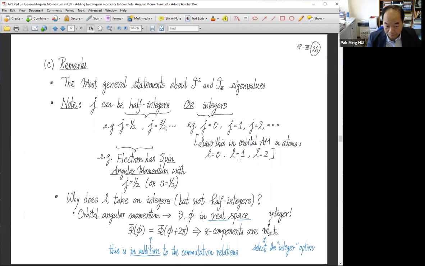They take on integer. Then you may wonder, why, when you solve the hydrogen atom problem, the theta phi problem, only integer orbital angular momentum quantum numbers are allowed. Only S, L equals 0, P, L equals 1, etc. If you remember what you did, you write that in the realization of a real space, theta phi.